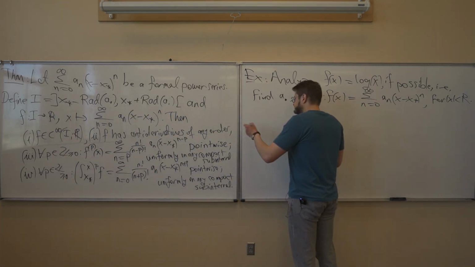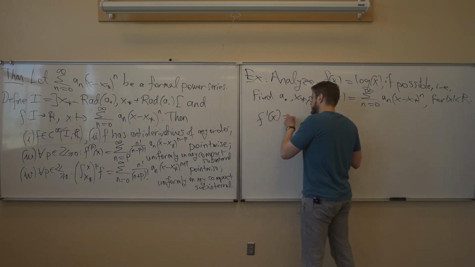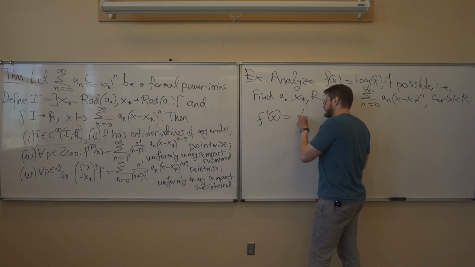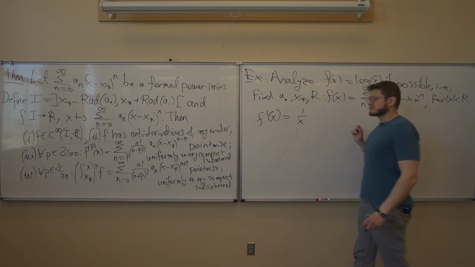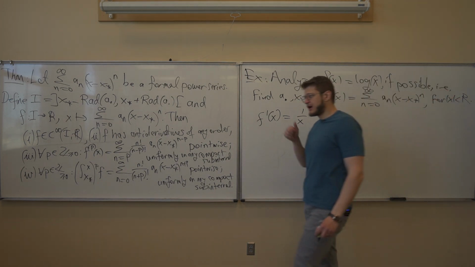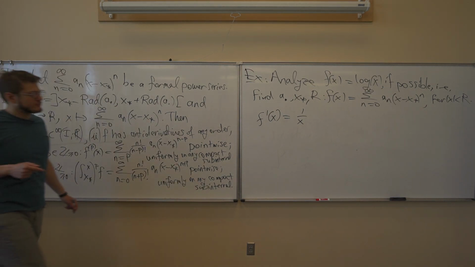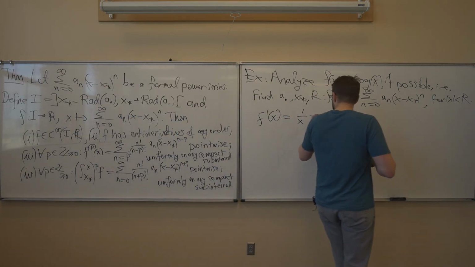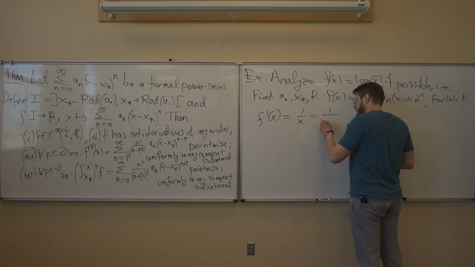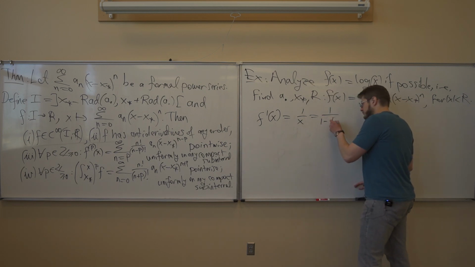So for instance, if I were to differentiate f, I get 1 over x. And then I can make this resemble the geometric series function by adding and subtracting 1 from this. Okay? So 1 divided by 1 minus x.